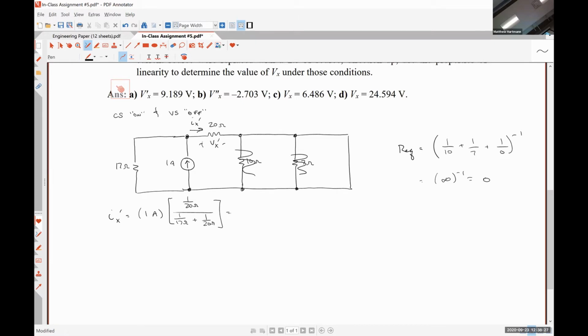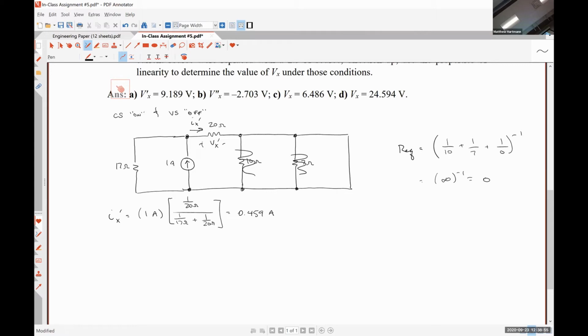So let's figure out what that is. 1 times 1 over 20, over 1 over 20 plus 1 over 17. 17 over 37, or 0.459 amps.